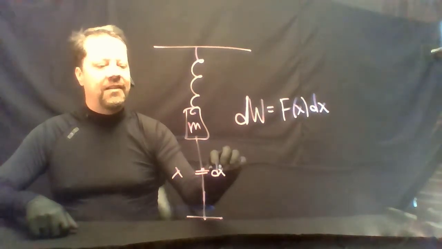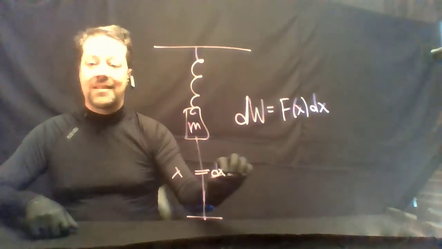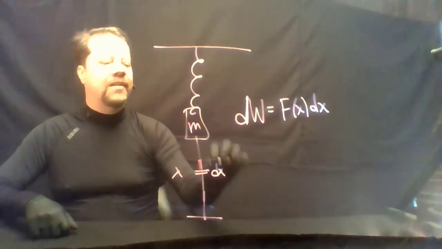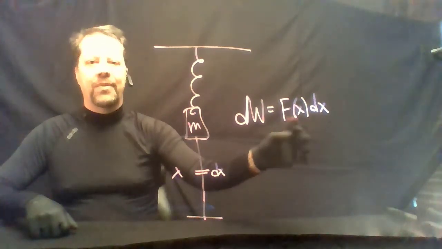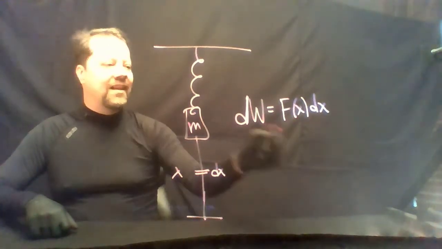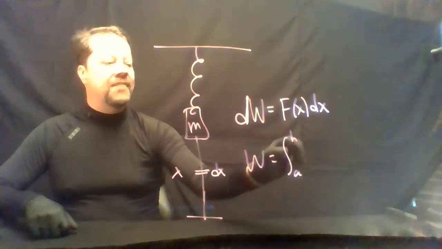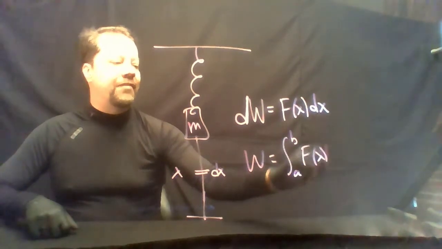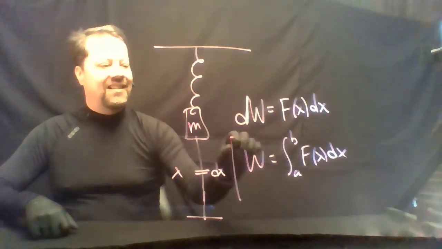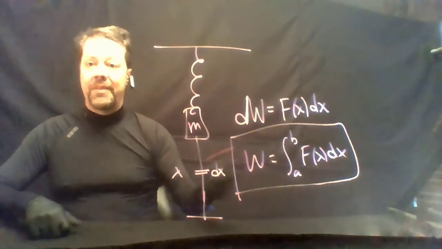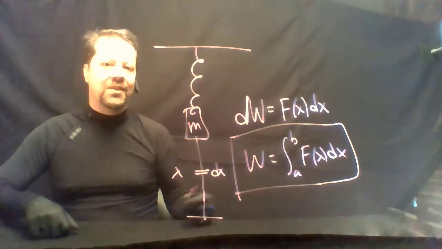We'll assume that from x to x plus dx, where dx is very tiny, the force is approximately the same all the way across, f of x. In that case, the total work will be the integral from a to b of f of x dx. That allows the force to be variable, which it is in quite a few circumstances.